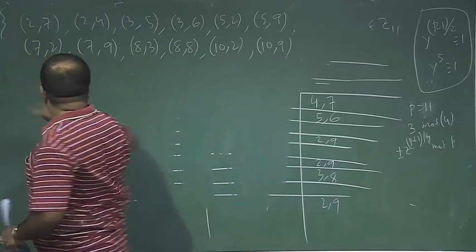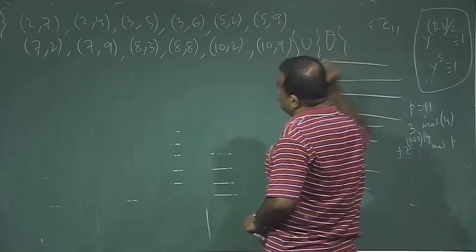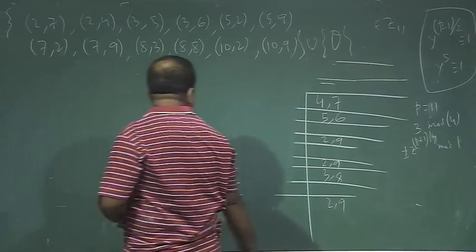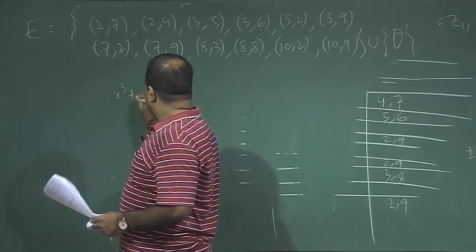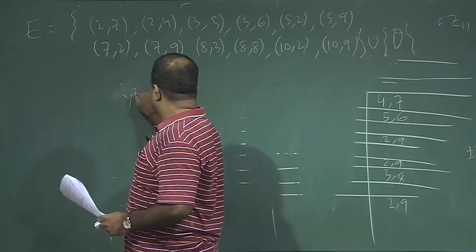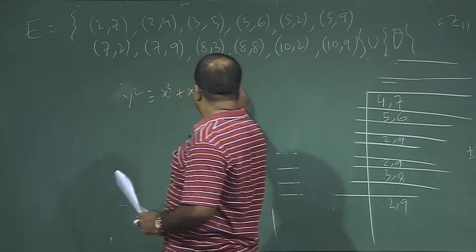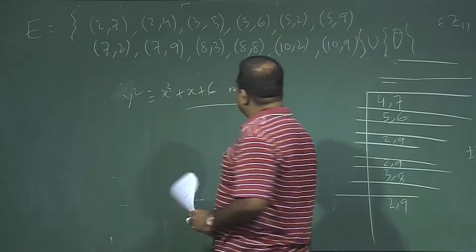So, these are my elliptic curve points, along with the point at infinity. This is the elliptic curve y square congruent to x cube plus x plus 6 mod 11. So, these are the points.